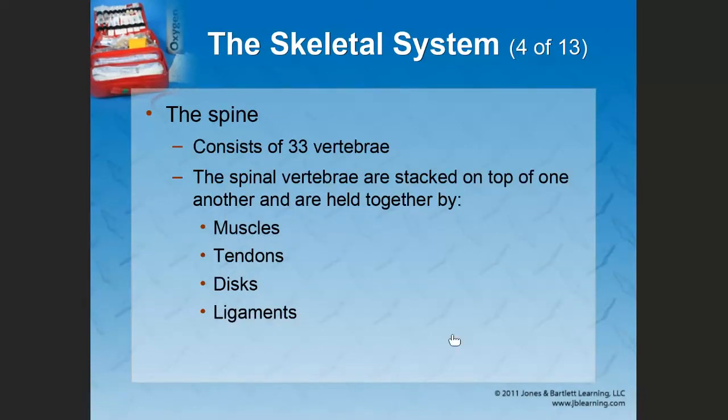The spine or spinal column consists of 33 vertebrae. The spinal vertebrae are stacked on top of one another and are held together by muscles, tendons, discs, and ligaments.